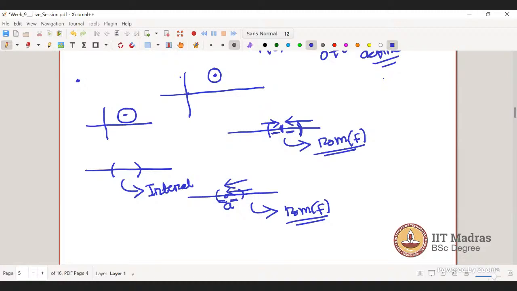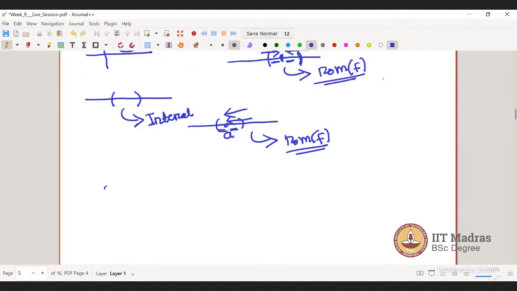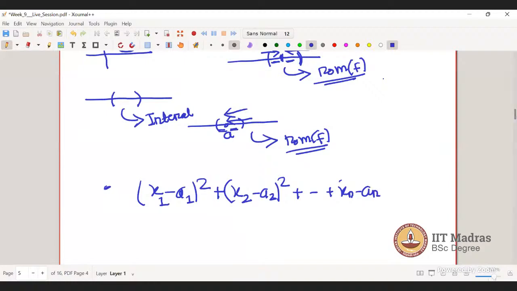Basically, the open ball is: (x1 minus a1) squared plus and so on, less than some number.